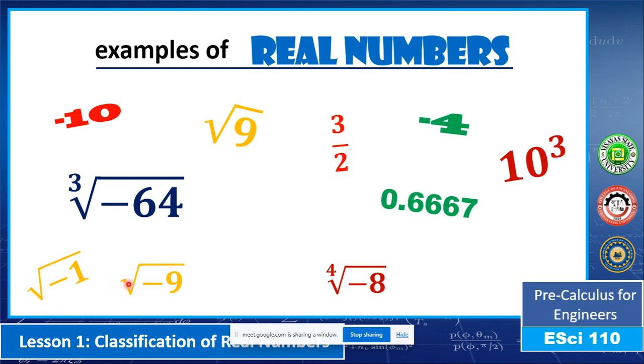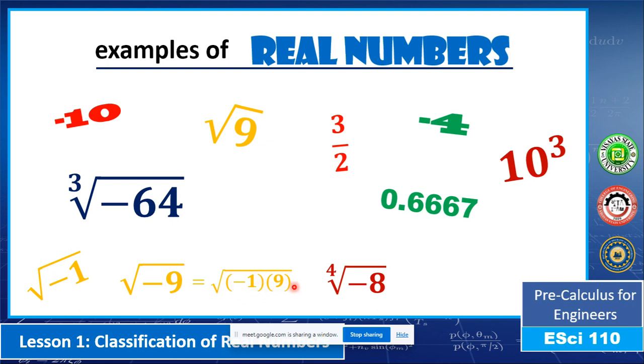How about the square root of -9? What do you think, class? Is it -3 or 3? For the square root of -9, we can rewrite this by breaking it down into -1 times 9.